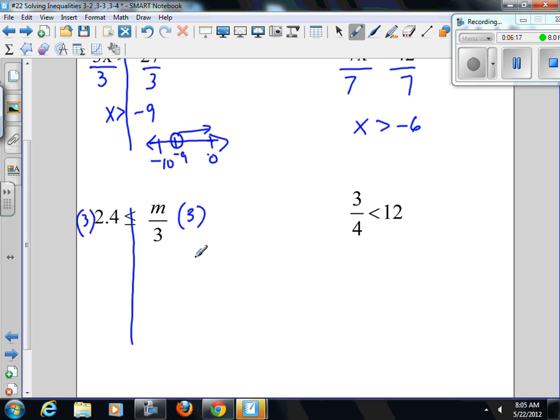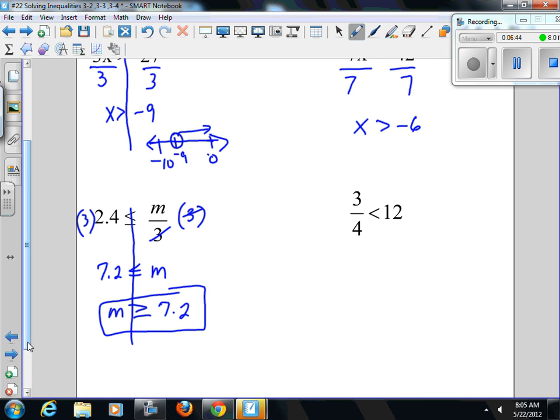So let's multiply each side by 3. They cancel. 3 times 2.4 is 7.2. So I have 7.2 is less than or equal to m. I do want m to be on the left as always, so I'm going to switch the position of the m and the 7.2. And when I do that, I have to change the direction of the arrow. And now I'm going to leave that to you to graph.